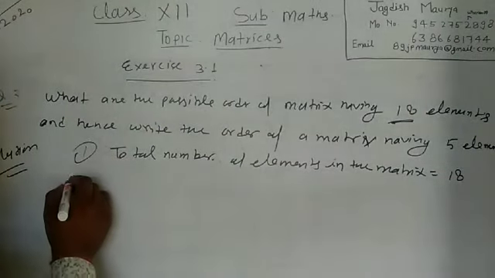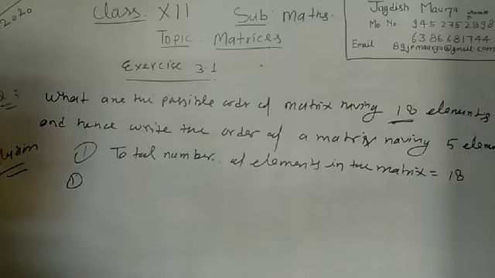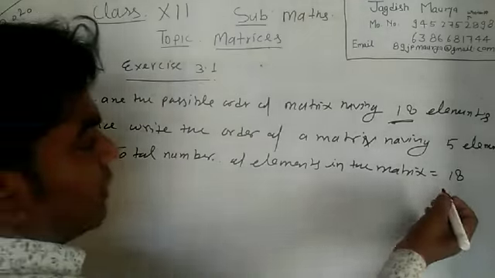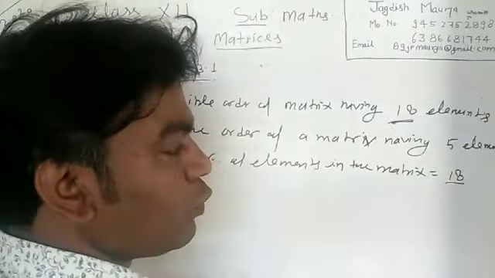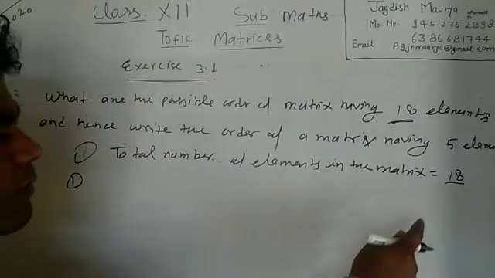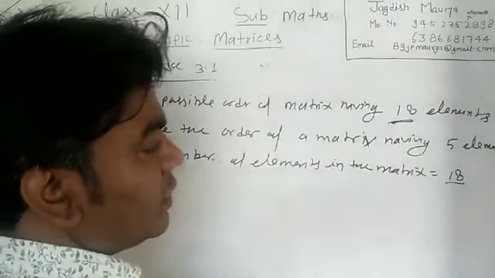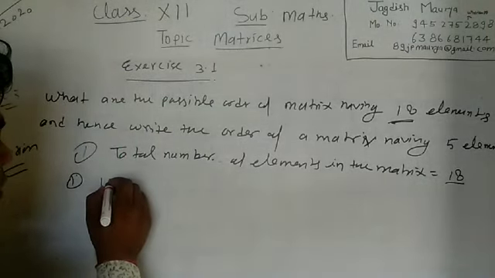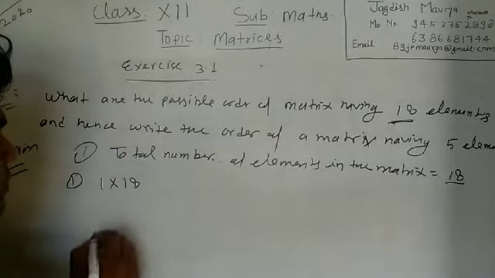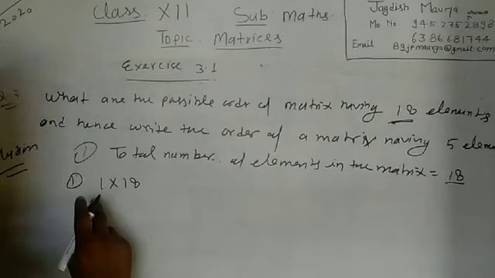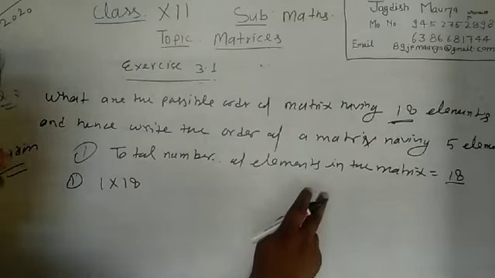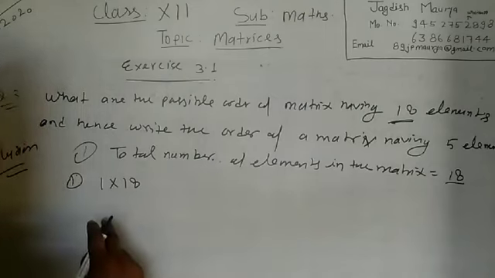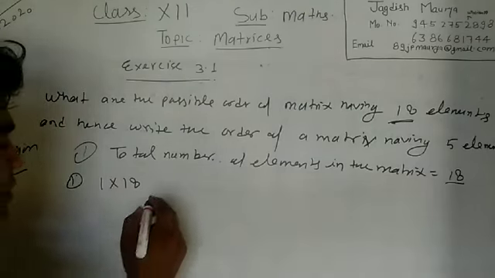So the first possible order: we have to find two factors of 18 such that their product equals 18. The first factor is 1 into 18, equal to 18. So the first possible order is 1 by 18.